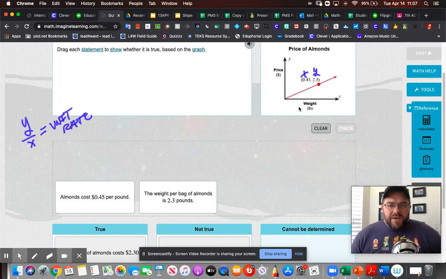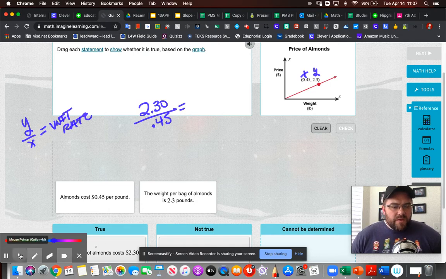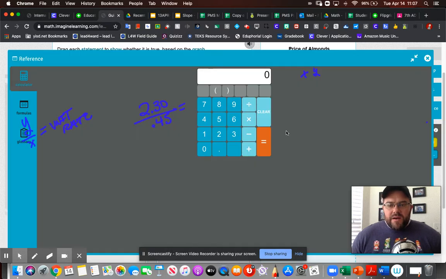So if I know that 0.45 pounds costs $2.30, well, then it's just as simple as actually doing that math. $2.30 divided by 0.45, sorry. All right, so let's go to our calculator and see what that is. Let's divide $2.30 divided by 0.45.